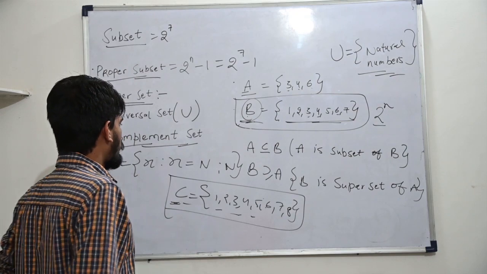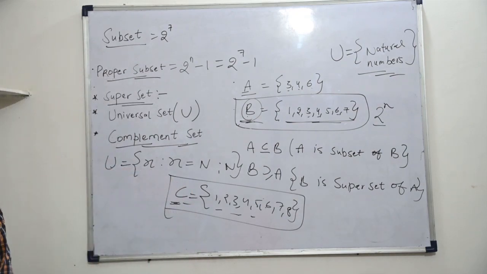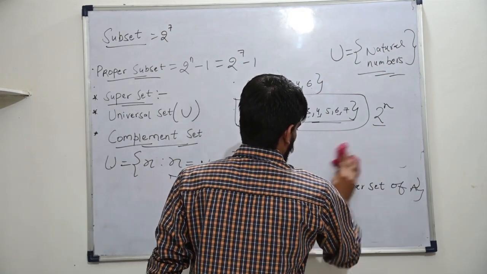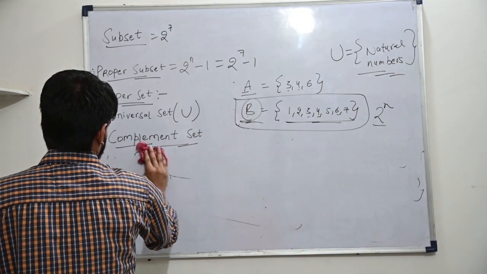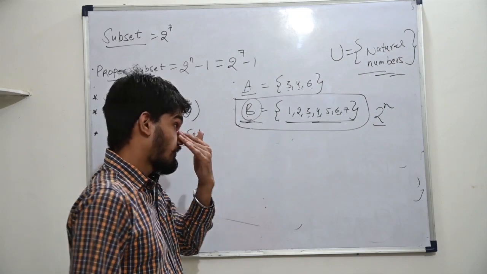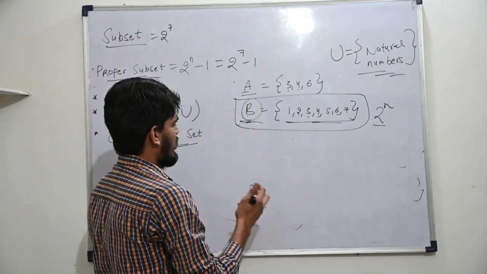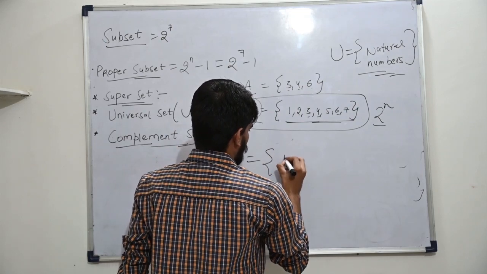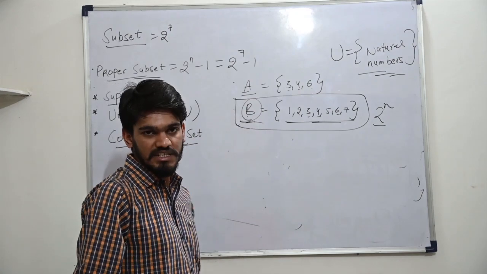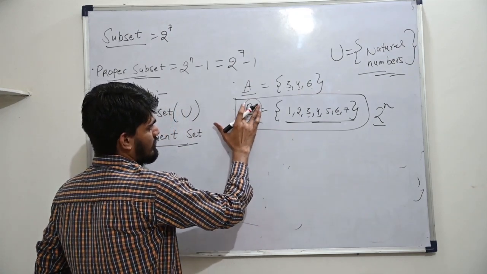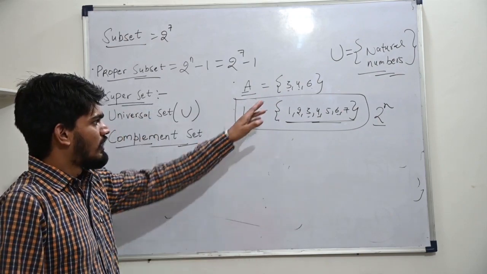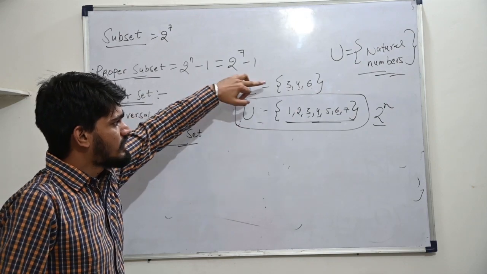And let's talk about the complementary set. Let's say we have a universal set, and we have set A. Set A has 3, 4, 6.